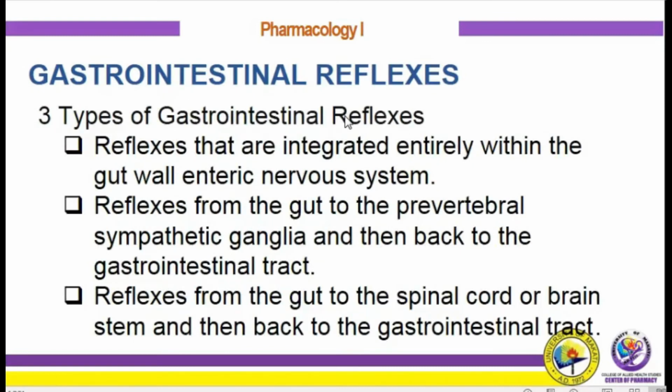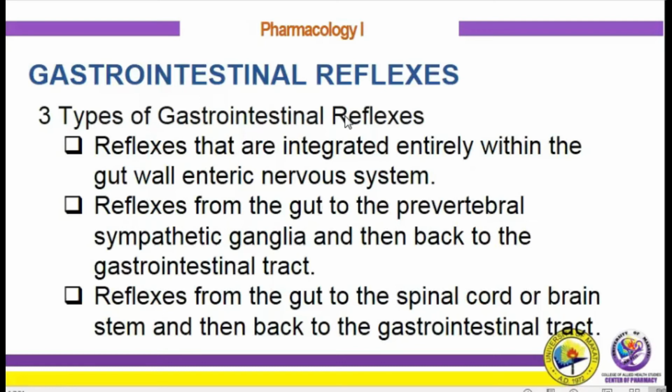The first one is the reflexes that are integrated entirely within the gut wall enteric nervous system. These reflexes include those that control much gastrointestinal secretion, peristalsis, mixing contractions, local inhibitory effects, and so forth.